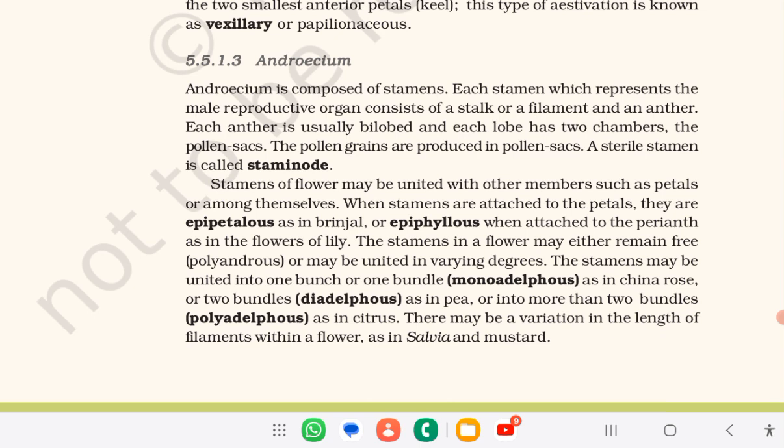The stamens in a flower may either remain free, polyandrous, or may be united in varying degrees. The stamens may be united into one bunch or one bundle, monoadelphous, as in China rose, or two bundles, diadelphous, as in pea, or into more than two bundles, polyadelphous, as in citrus.